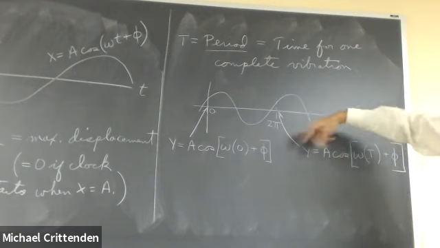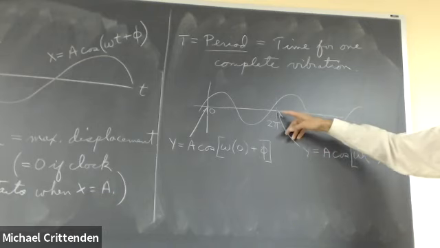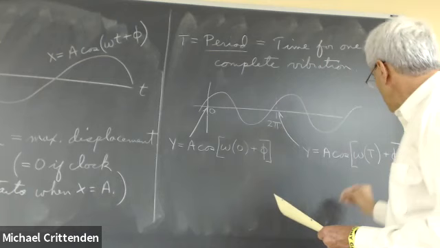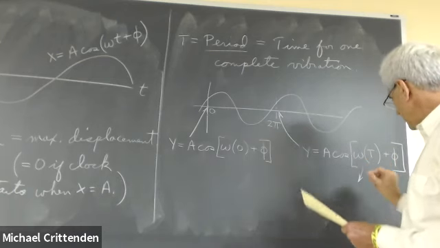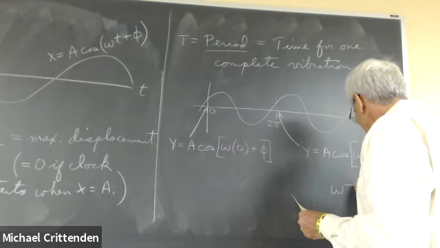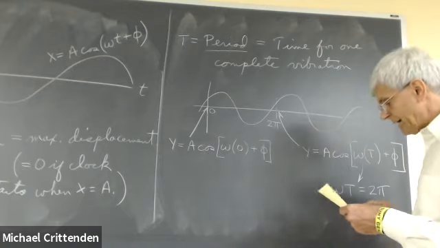When you've completed one cycle, that's what one period means. Well, that's where the graph has gotten to 2 pi radians. So that means that omega t is equal to 2 pi.